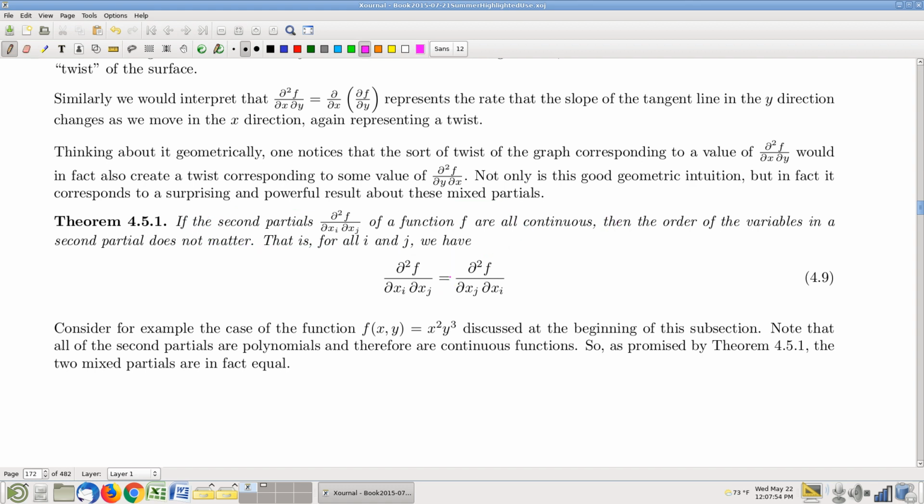But if this regularity condition is satisfied, and hey, good news, most of the time in real life everything in sight's continuous, then it doesn't matter which order you go. Doing the xj partial first followed by the xi partial is the same as doing the xi partial first followed by the xj partial, and therefore it doesn't matter which order you write them down.